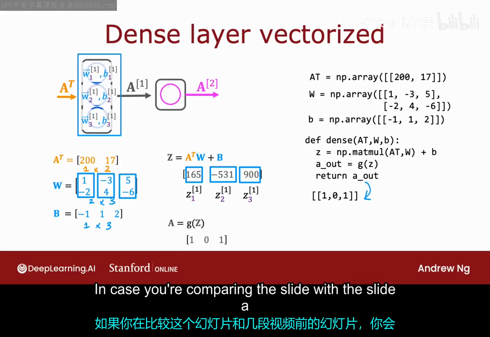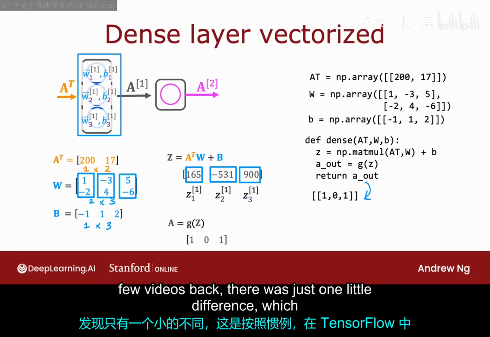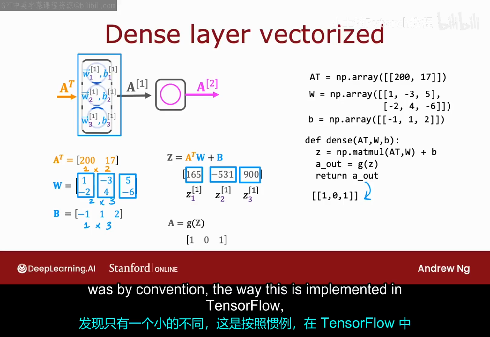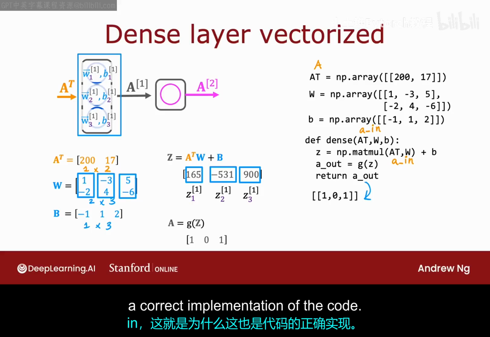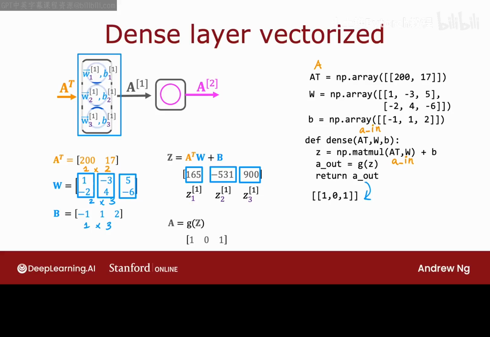In case you're comparing the slide with the slide a few videos back, there was just one little difference, which was by convention, the way this is implemented in TensorFlow, rather than calling this variable AT, we were calling it A_in, which is why this too is a correct implementation of the code.